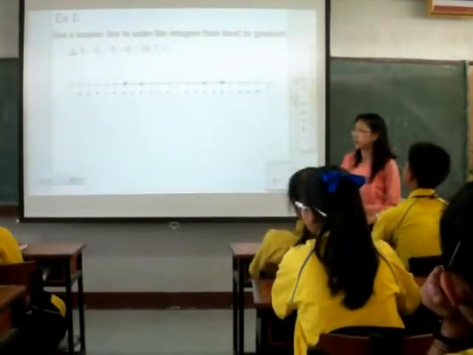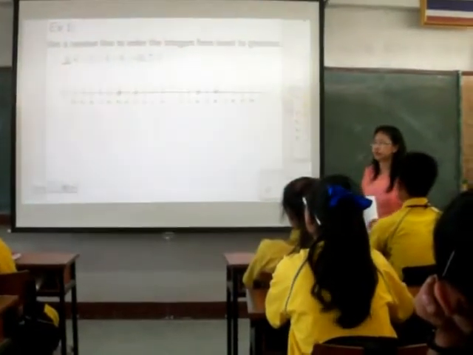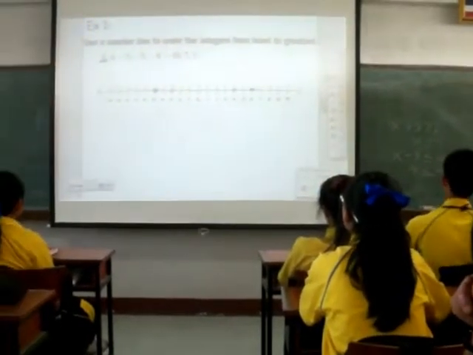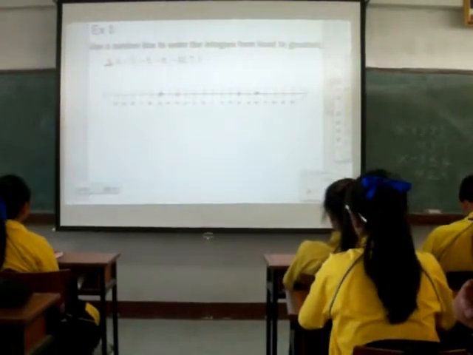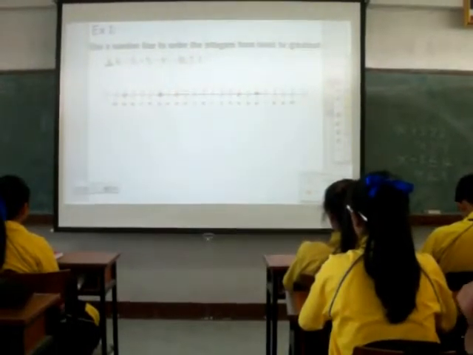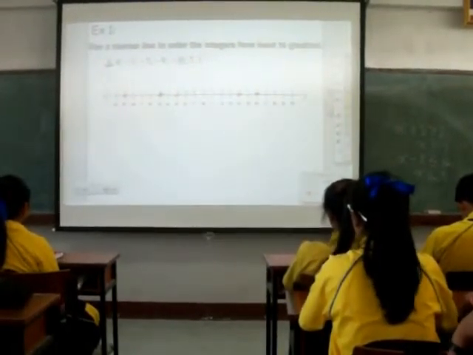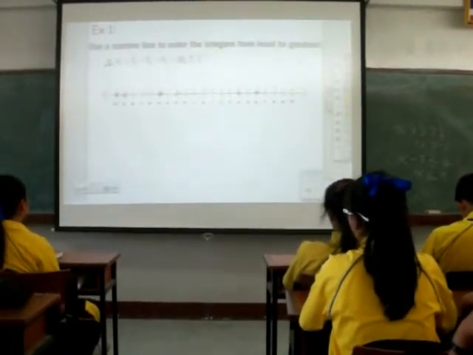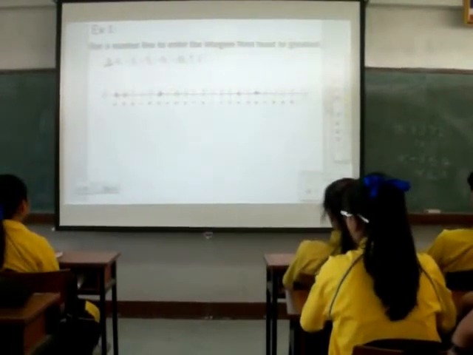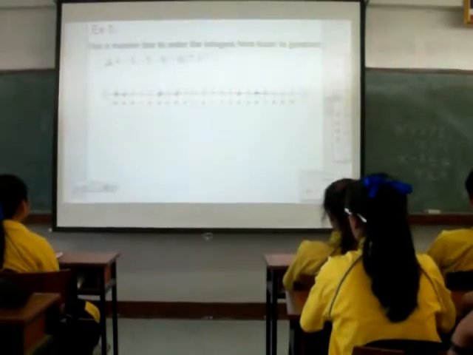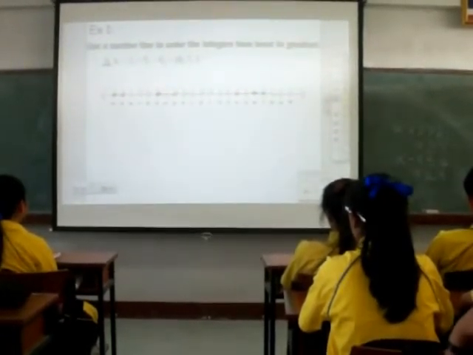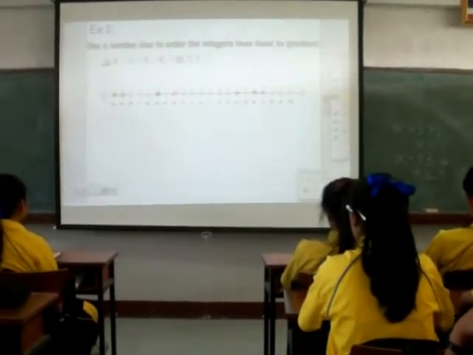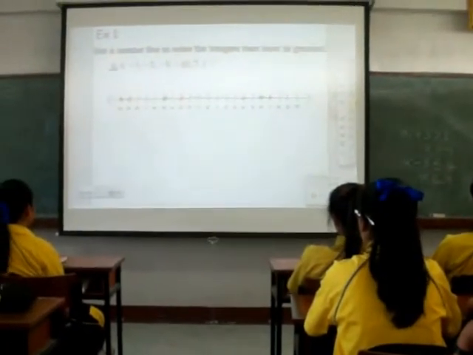Negative 5 will be to the left of 0. Negative 9 will be to the left of 0, as will negative 10. Positive 7 is back on the right side of 0, as is positive 1.